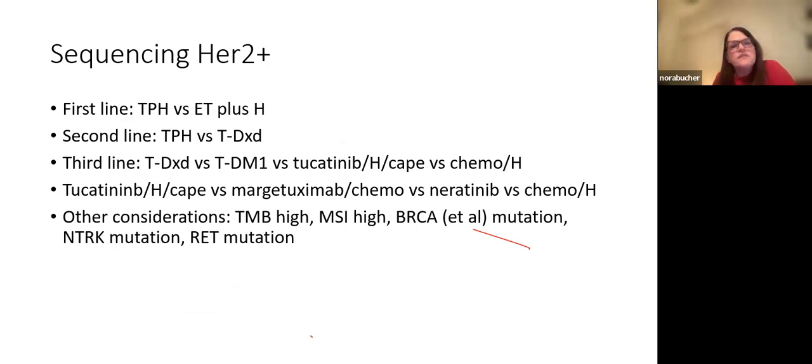So I didn't focus a lot on HER2 in this discussion because with HER2 we haven't identified a lot of mutations in the tumor cells that can be targeted.